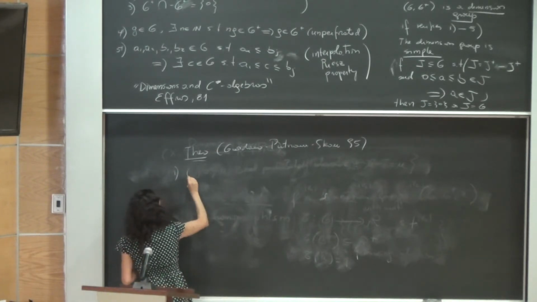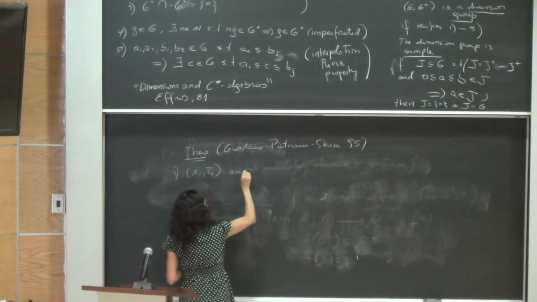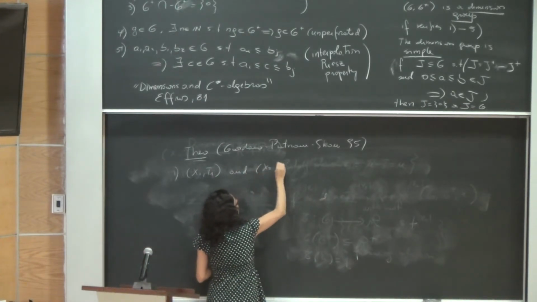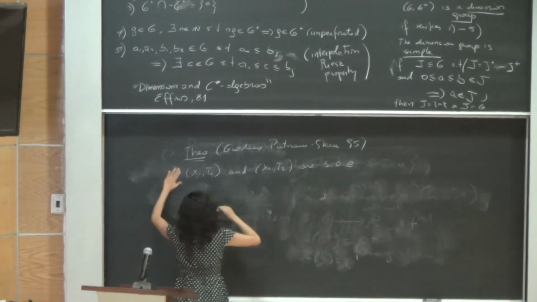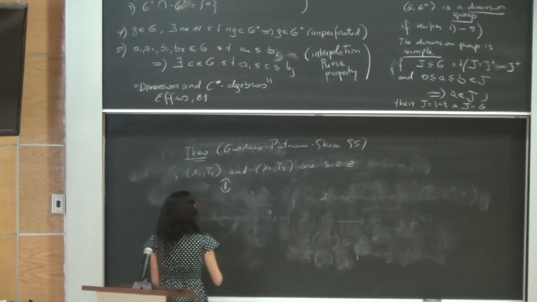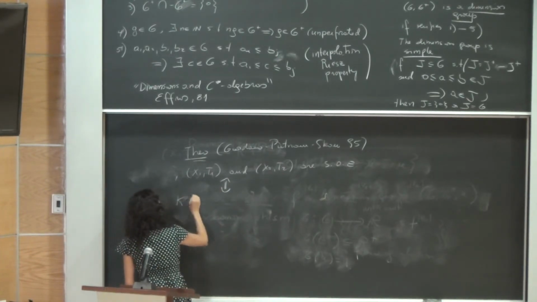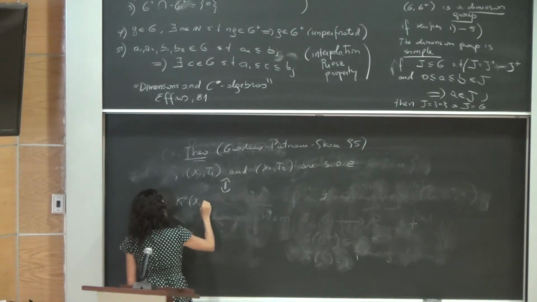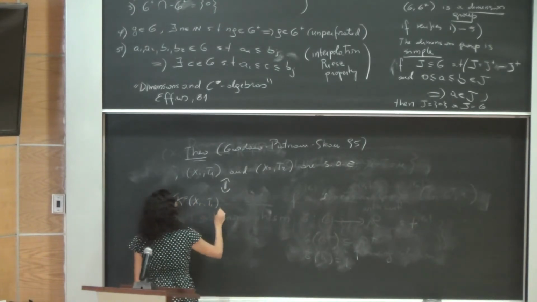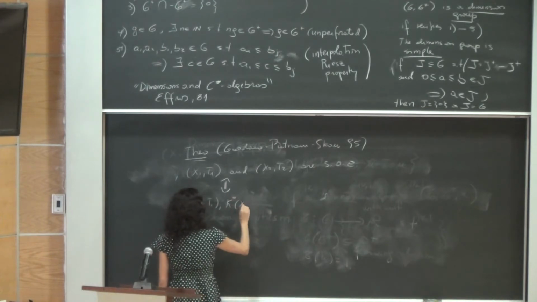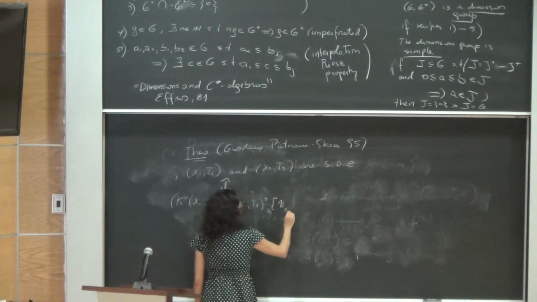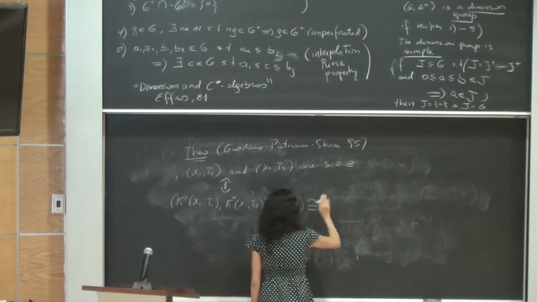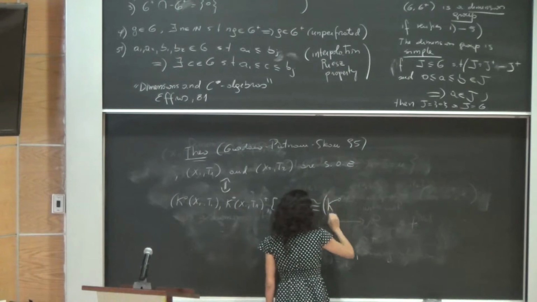And the systems are strong orbit equivalent if and only if the dimension groups are isomorphic, as dimension groups with unit.